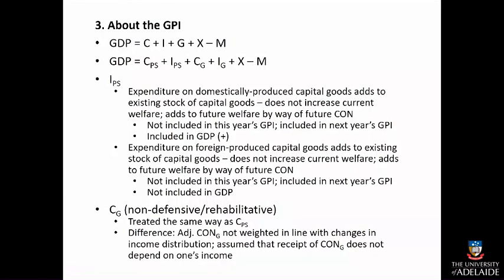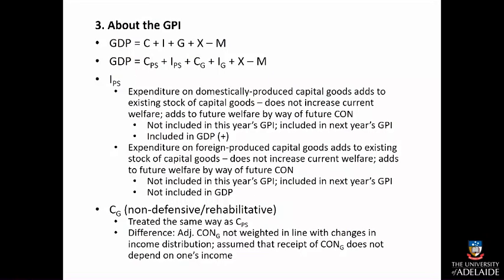So government consumption expenditure, of course, for the GPI, again, only includes non-defensive, non-rehabilitative forms of consumption. It's treated basically the same way as private sector consumption. But there is a difference. The adjusted consumption, government spending, is not weighted in line with changes in the distribution of income.